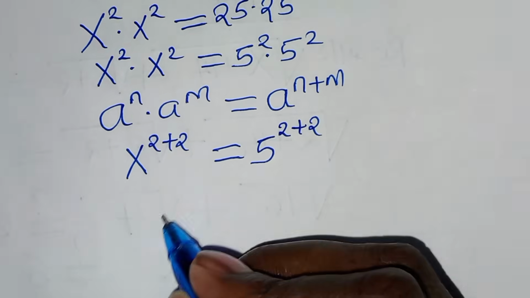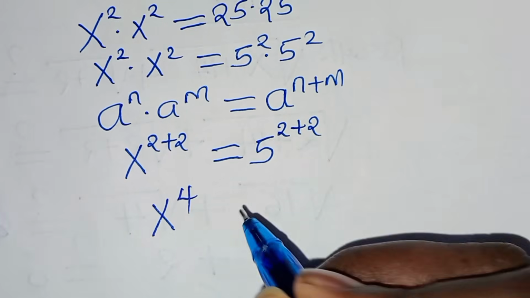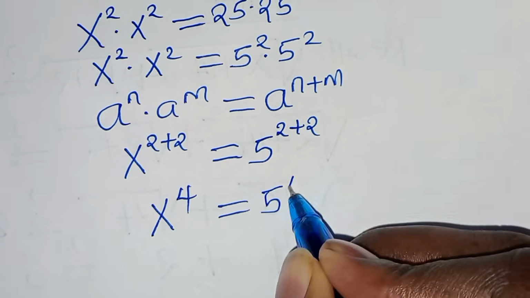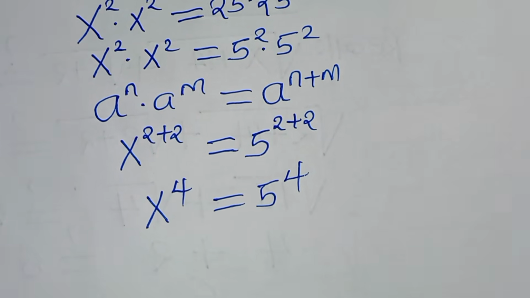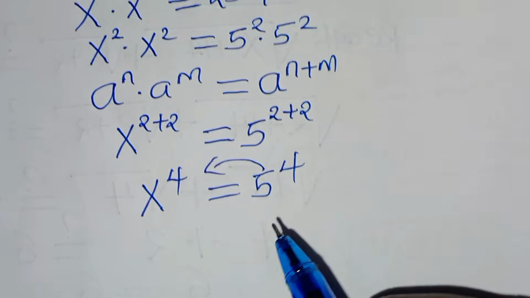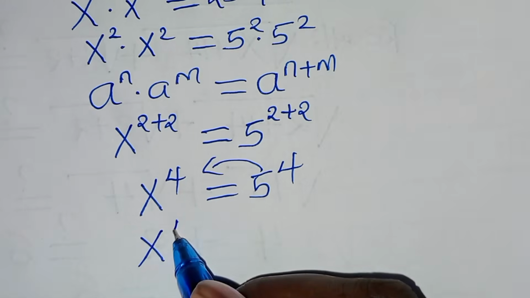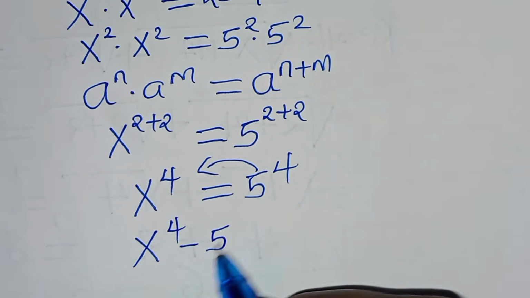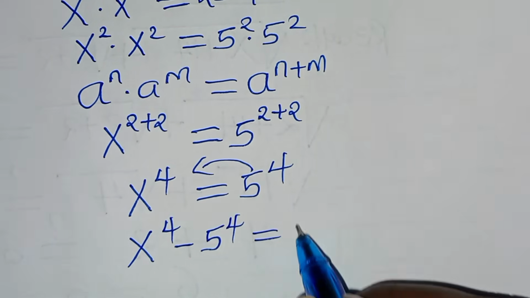Therefore, we have x to the power of 4 equal to 5 to the power of 4. The next step is to take 5 to the power of 4 to the left hand side, so that we have x to the power of 4 minus 5 to the power of 4 equal to 0.